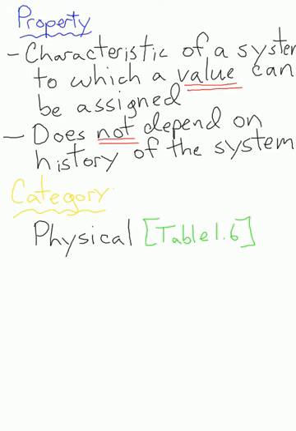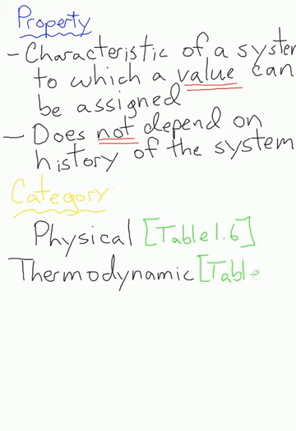Examples of that can be found in table 1.6. The other category, the one we're going to focus on more, is the thermodynamic properties. Thermodynamic properties are based on the energy of the fluid that we're looking at, and examples of those can be found in table 1.1.